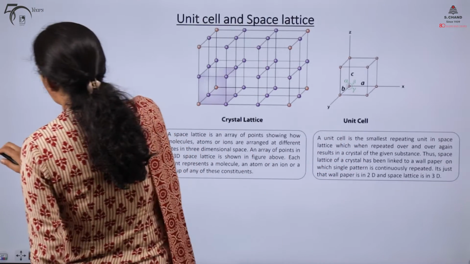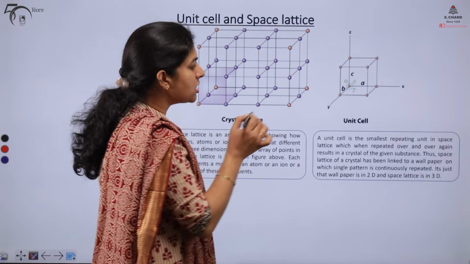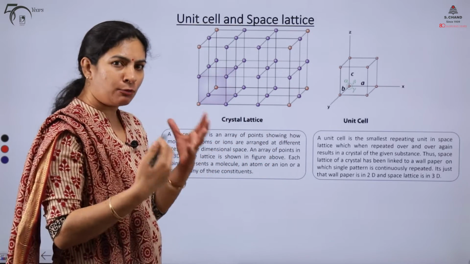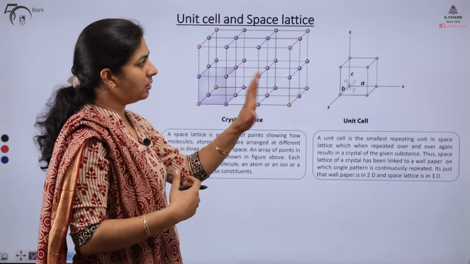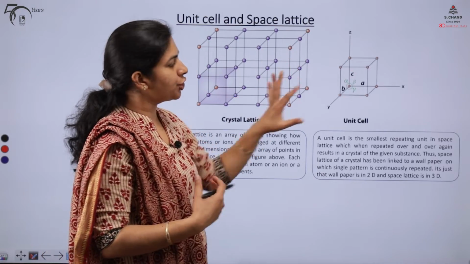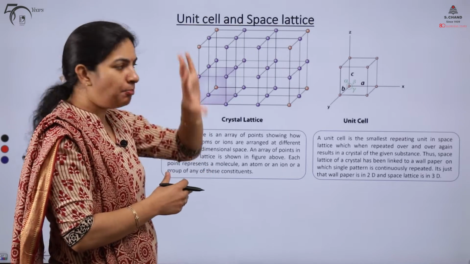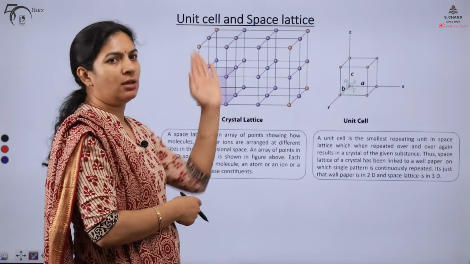So unit cell basically is the smallest entity, the smallest repeating unit, which of course will get repeated over and over again along all the 3 directions to give you a complete lattice. So the complete solid is not composed of one unit cell. This unit cell will get repeated.